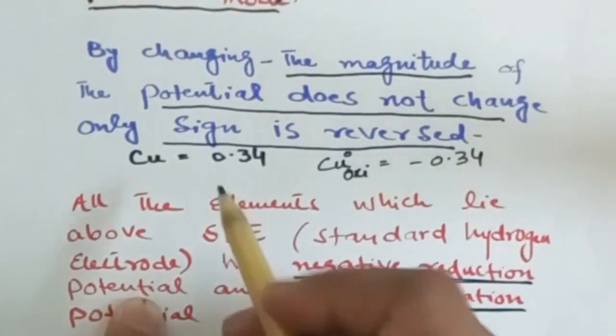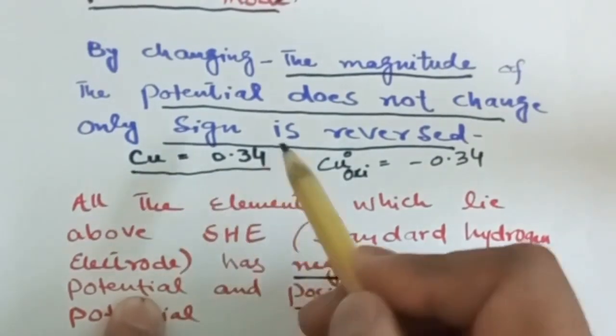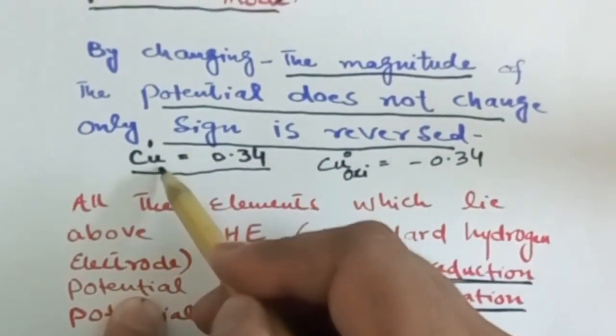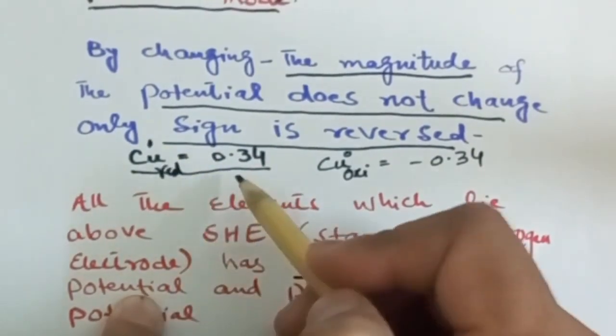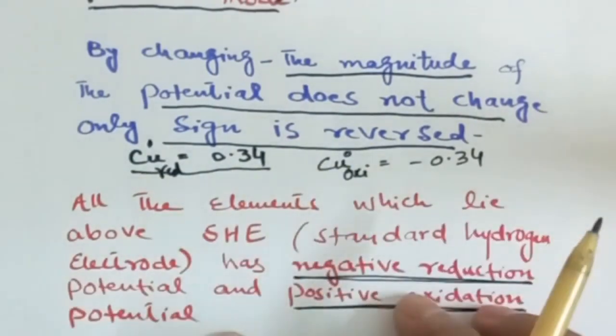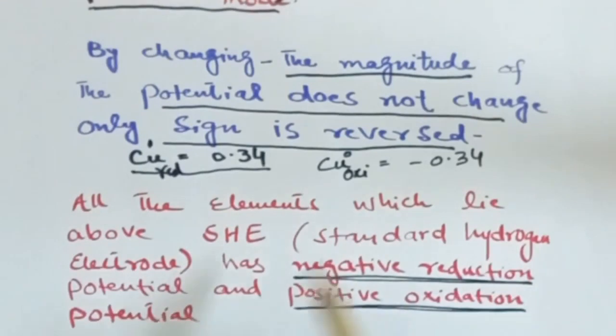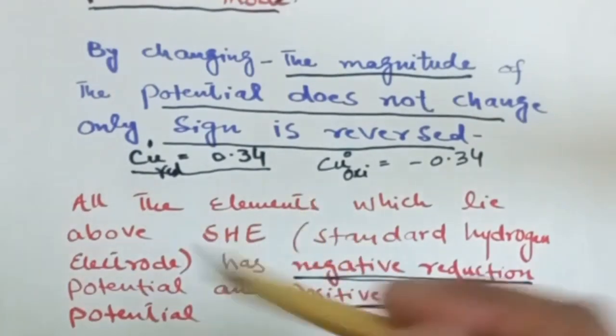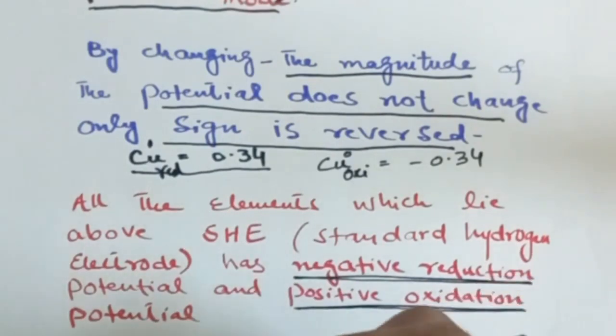Copper is originally given as a reduction potential, positive 0.34, but if we change the value to minus 0.34, then it is the oxidation potential of copper. So only the sign is reversed, the value remains the same.